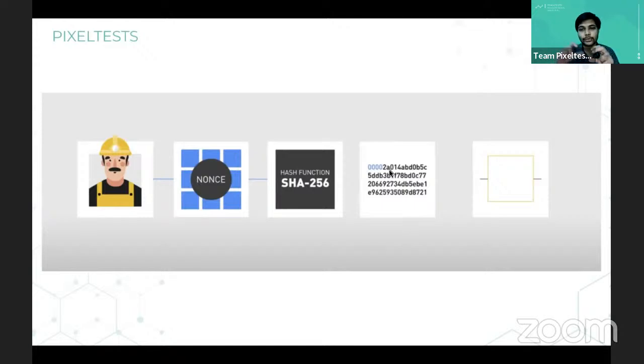So if, for example, a new block gets created, it will have the hash of the previous block's header, right? And if somebody is able to find this hash, it has to be less than threshold, right?